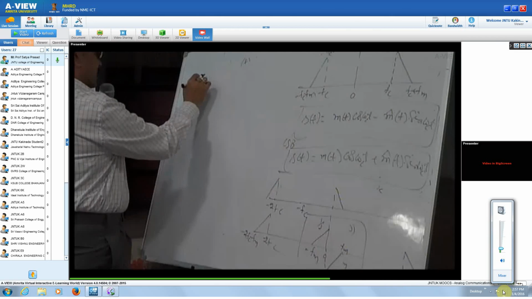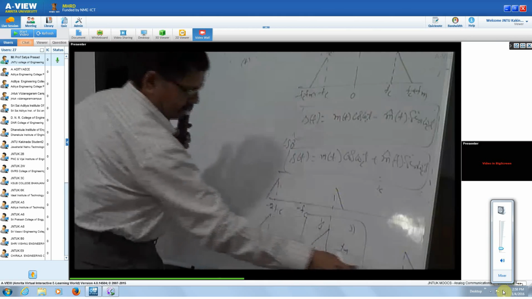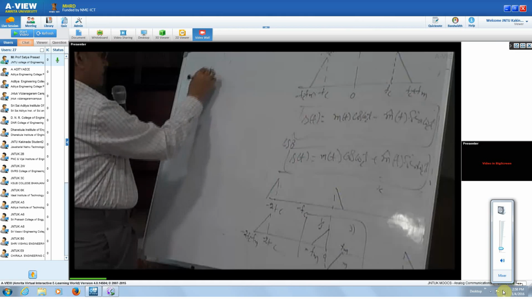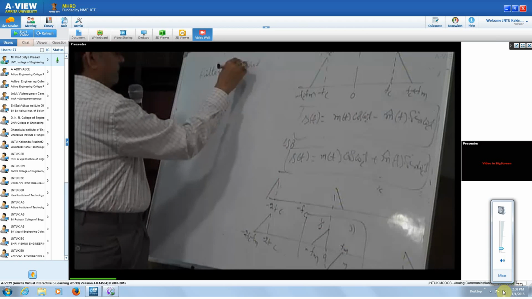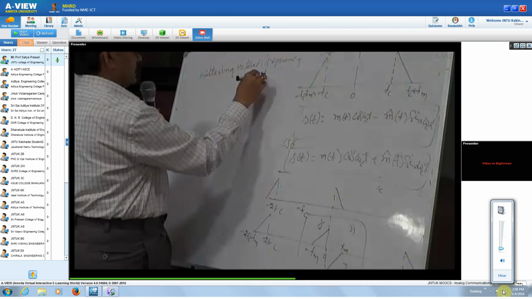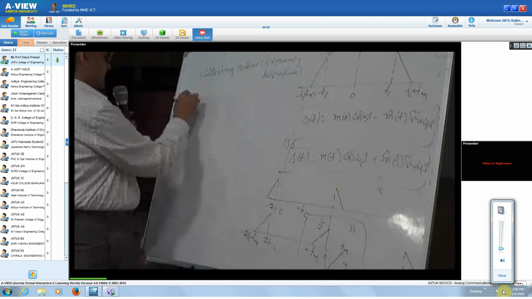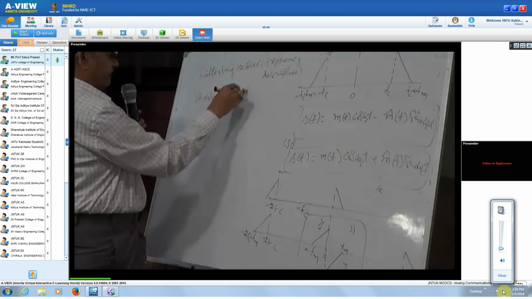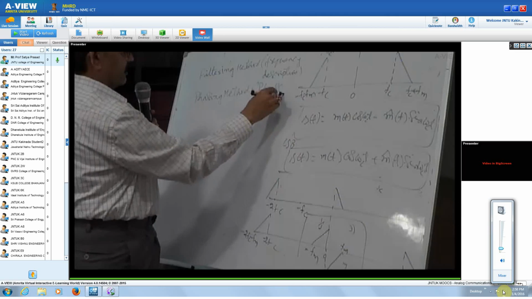So basically we have two methods. Filtering method, or frequency discrimination method, and phasing method, or phase discrimination method.